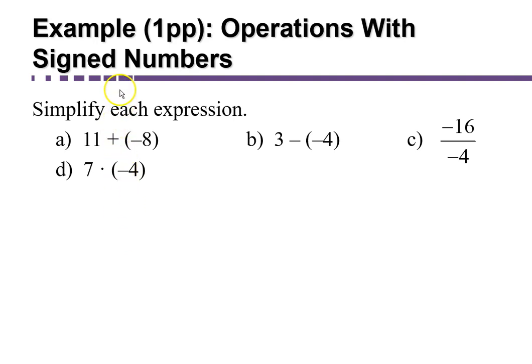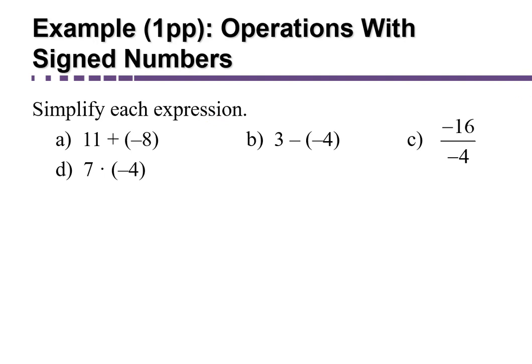Okay, now in your notes you're going to put example 1 PP. This is something we're going to use to designate and help you focus on the question I'm asking when we're doing the quizzes. So simplify each expression.